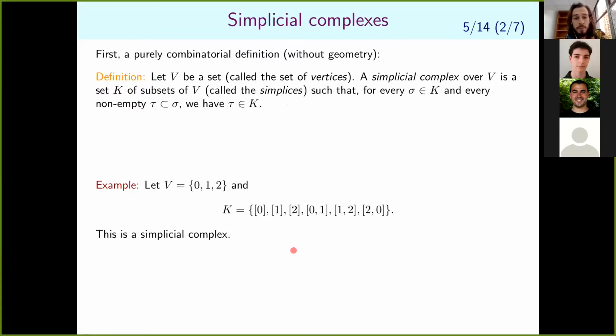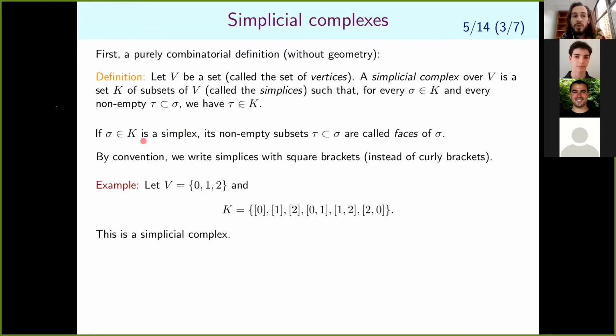This is a simplicial complex because if I take any element of K, for instance this one, [0, 1], each of its subsets, for instance the subset [0] or the subset [1], is already in K. So the elements of K are called simplices, a simplex, many simplices, and the subsets of a simplex are called faces of the simplex.